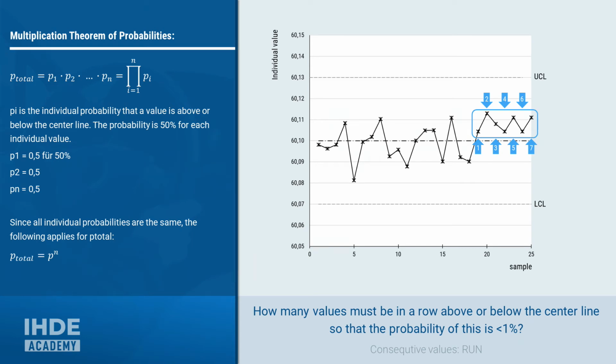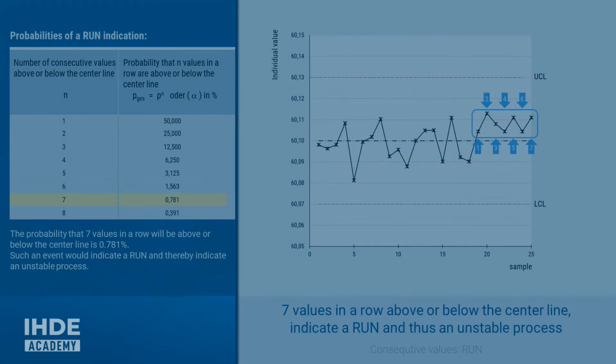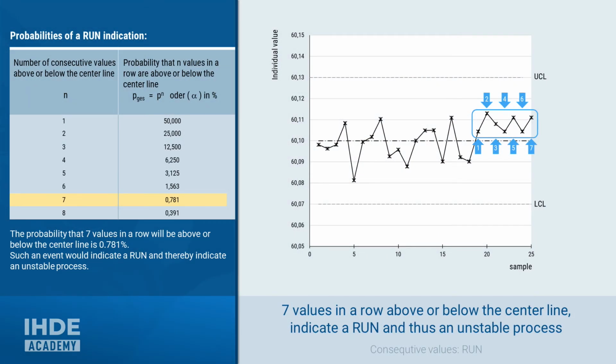In this way, the various probabilities for a run are calculated to see for which number of values the probability is less than 1% for the first time. In this table, in the left column, we see the number of consecutive values above or below the center line.